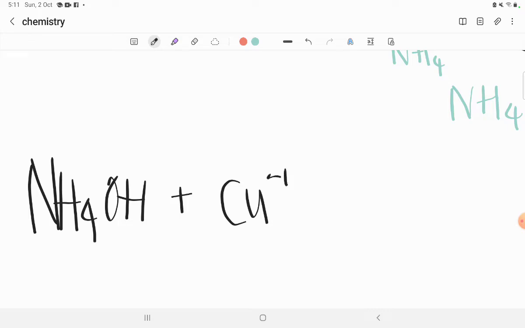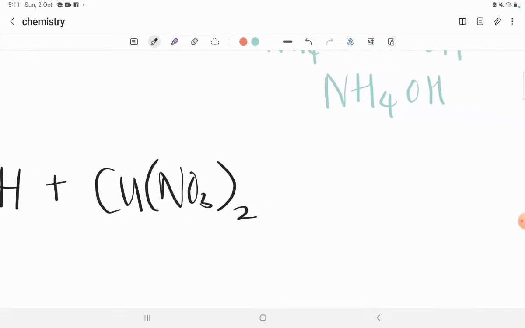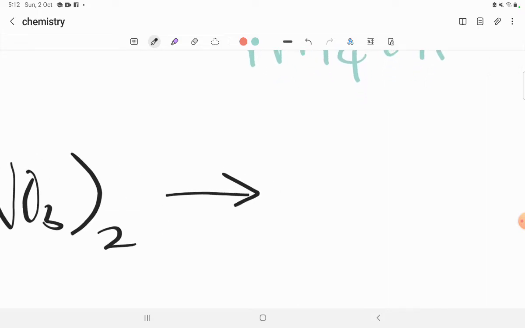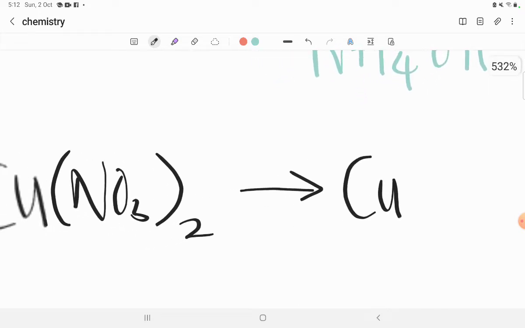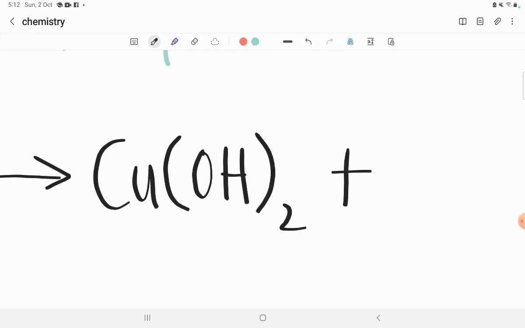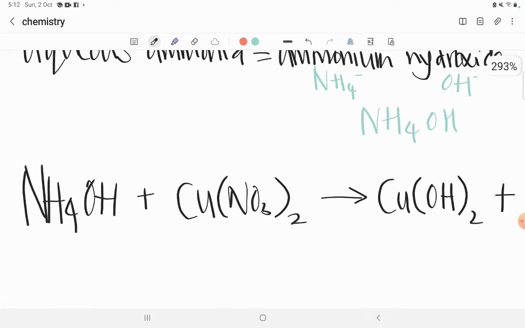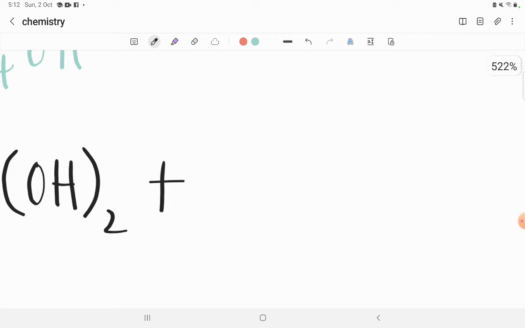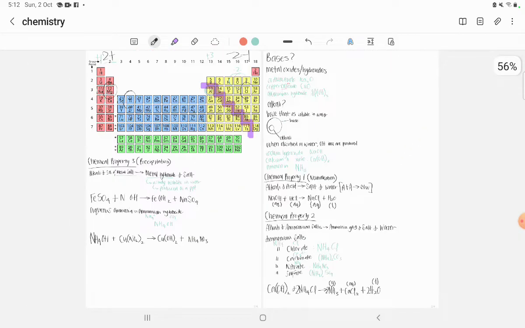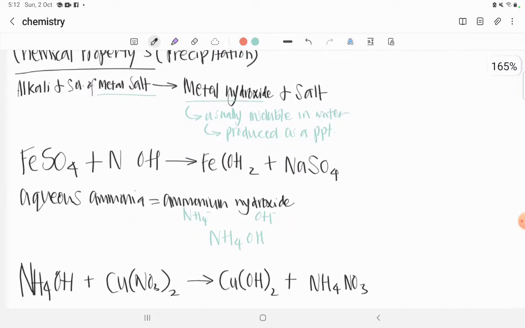Copper 2 plus, so it's NO3 twice. First we're gonna get metal hydroxide, which is obviously gonna be the Cu, and Cu is 2 plus, right? So you need Cu(OH)2 plus ammonium nitrate, so it's gonna be NH4NO3, and ta-da, there you have it, precipitation.